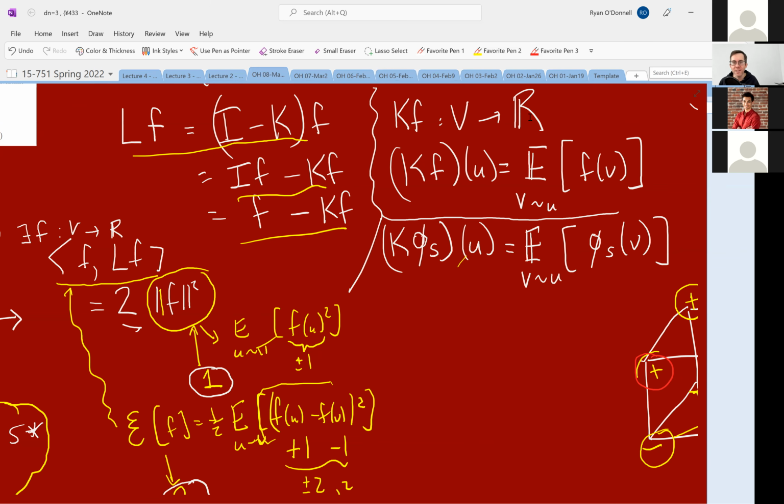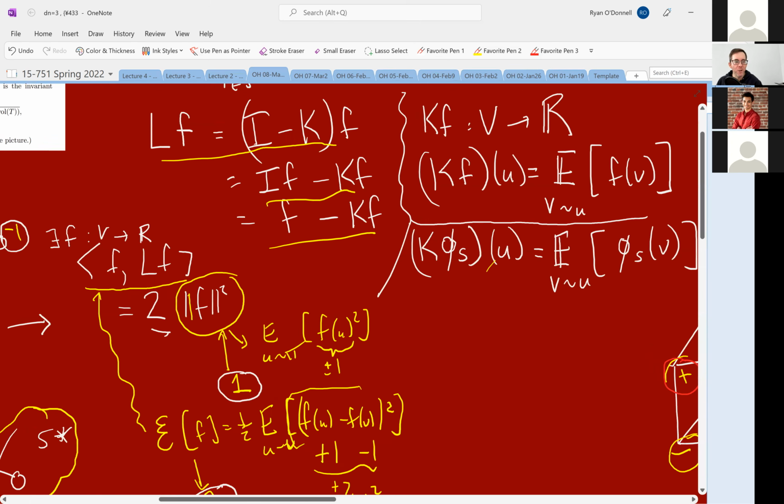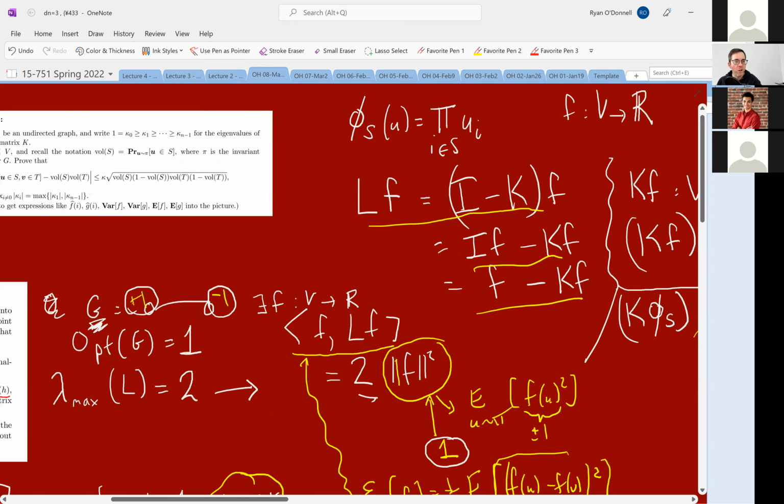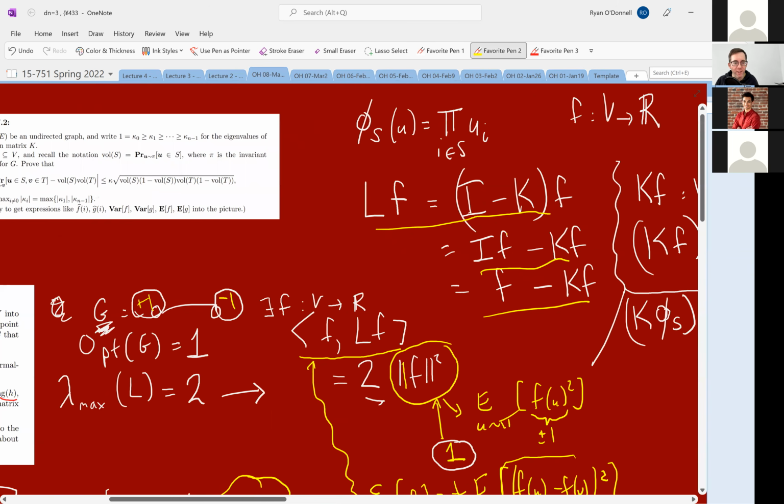L is just this thing that facilitates its quadratic form being the quadratic form that we care about. They're not vastly different, but there's no inherent reason to do this move except that LF is this nicely interpretable quadratic form.